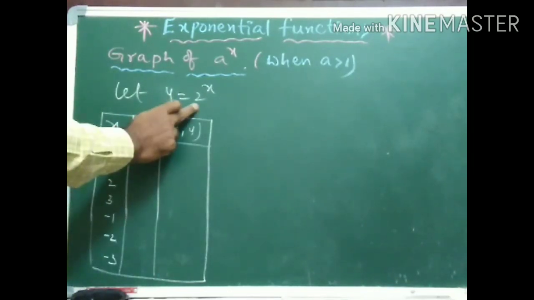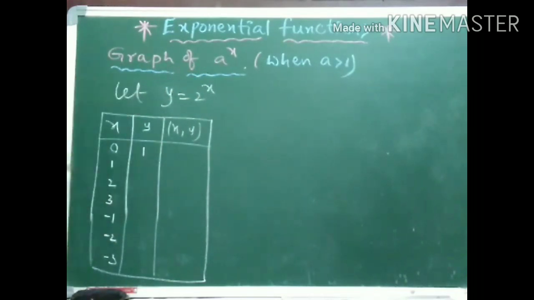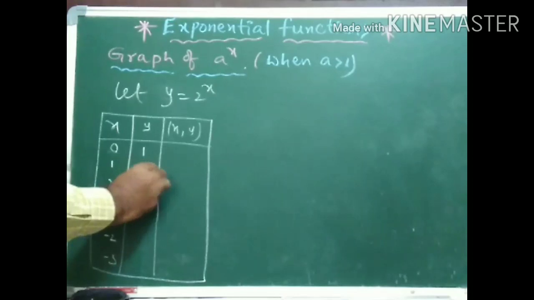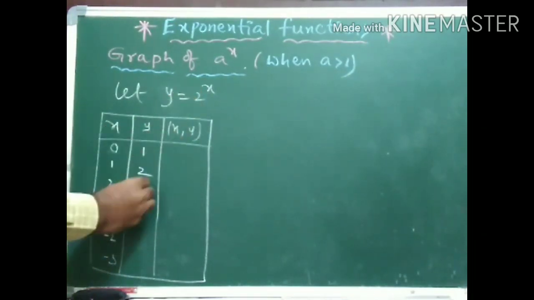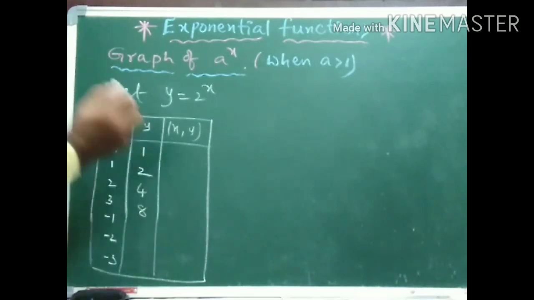If x is 0, that is 2 power 0, anything power 0 is 1. If x is 1, 2 to the power of 1 is 2. When x is 2, 2 square is 4. When it is 3, 2 cube is 8.